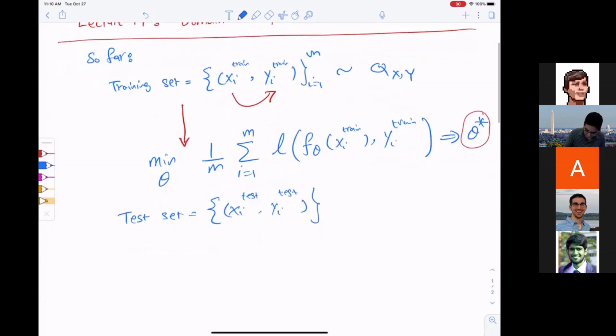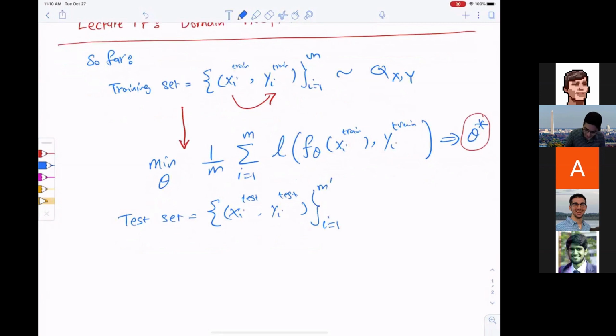Let's say I have M prime samples from the test set. But again, the assumption is that my test samples are coming from the same distribution as my training samples. Let's say part of your ImageNet you're using for training and you're keeping some of the images for your test and validation.